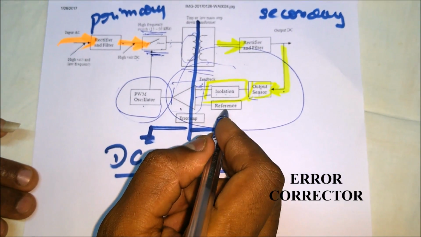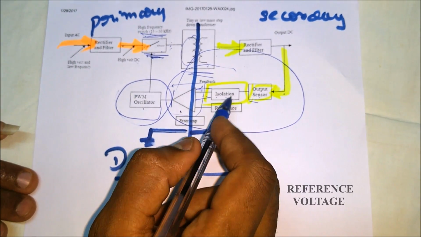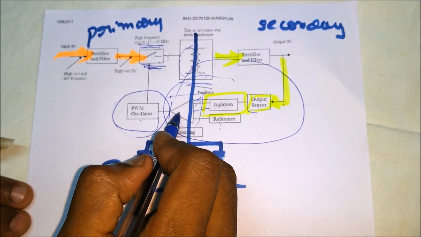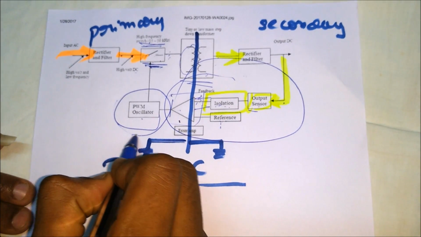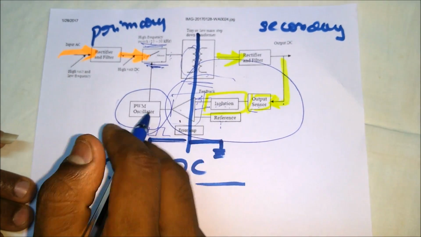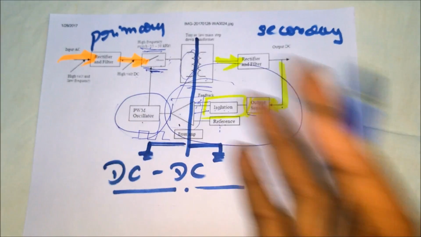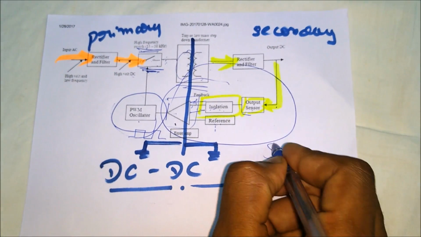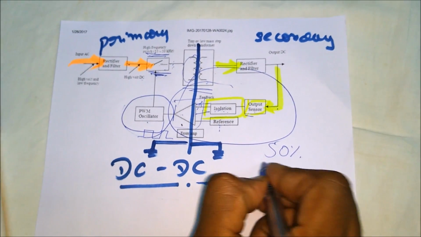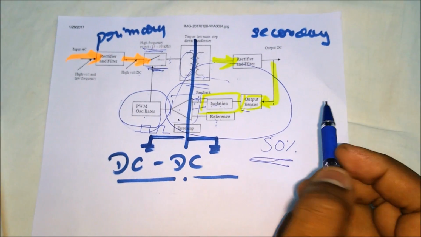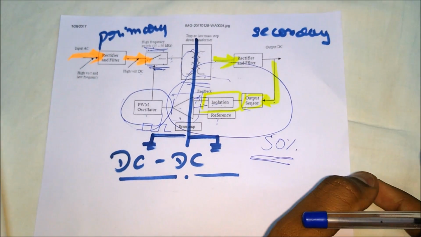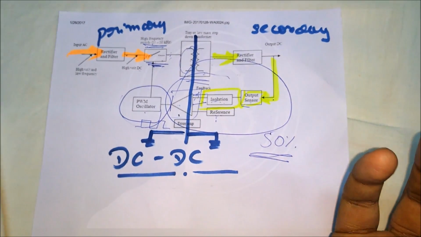We take some reference voltage and compare it with the feedback input, and that makes our PWM. Based on that, we vary our pulse width. Maximum energy transfers at 50% pulse width. This is the concept of the DC to DC converter block diagram.